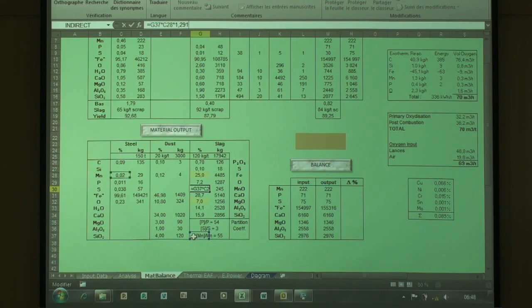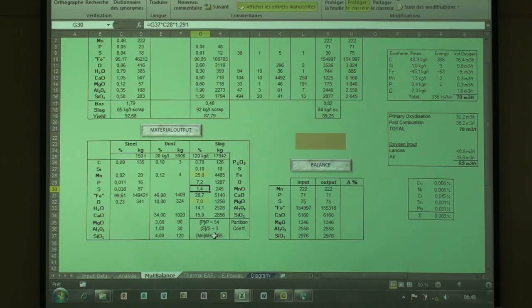I mean the mangan content of the steel times the partition coefficient. And this coefficient is just to convert Mn into MnO. Would you please explain the Mn divided Mn equal 55?